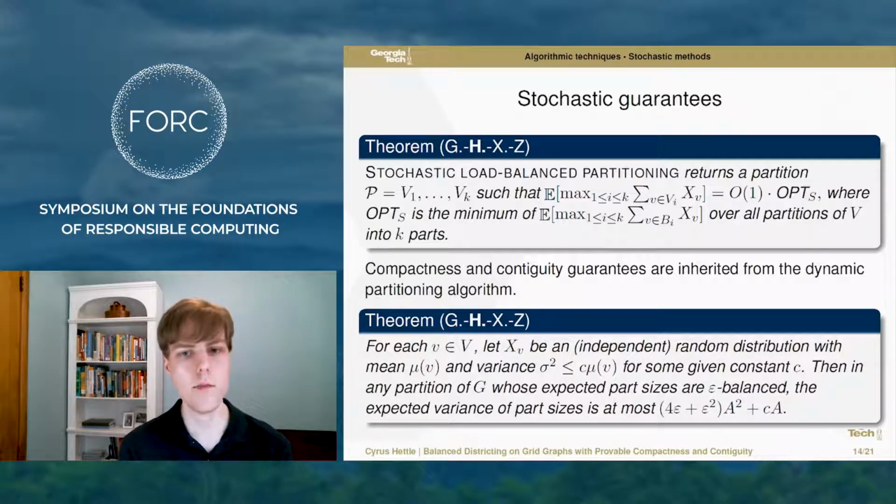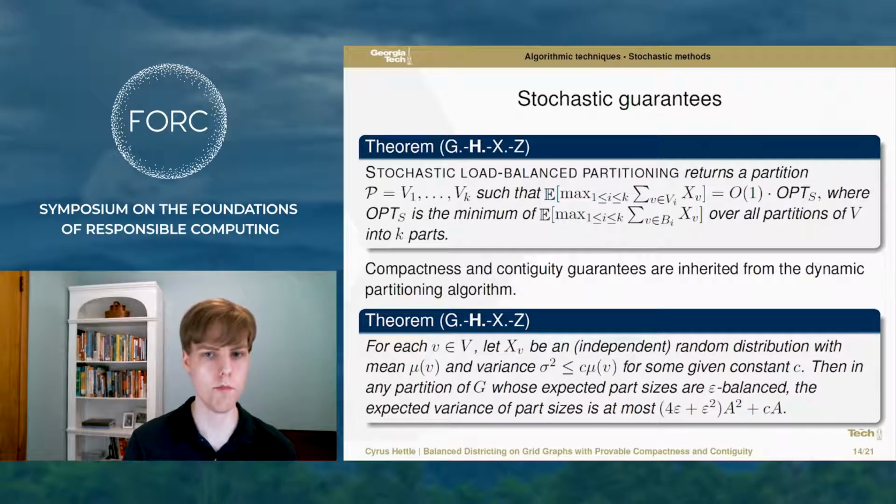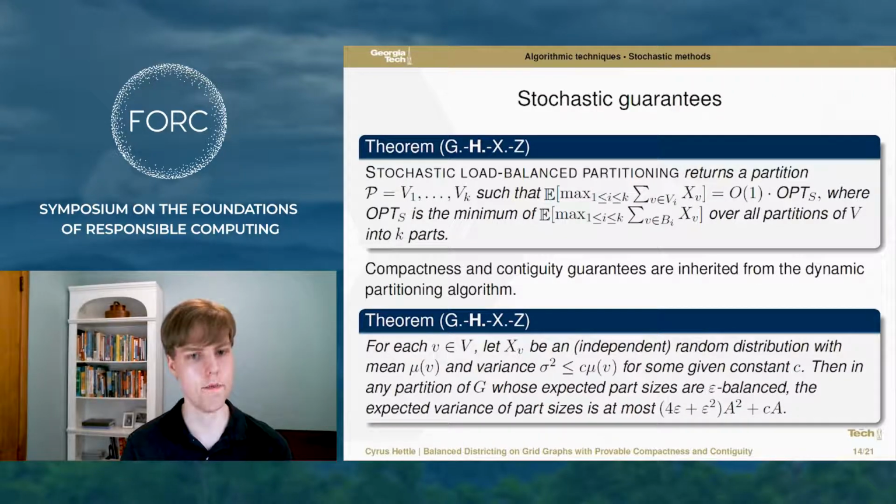This is a similar guarantee to what Kleinberg et al. obtained in the load balancing setting, but we need some additional considerations from the dynamic partitioning algorithm to get these specific balancing guarantees.